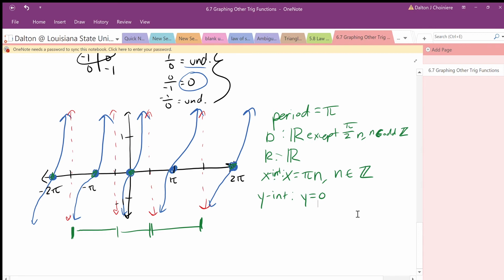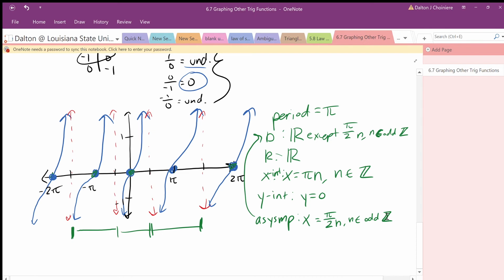Lastly, asymptotes. They coincide with our domain restrictions, as discussed before. So x is equal to pi over 2 n, when n is an element of the odd integers.